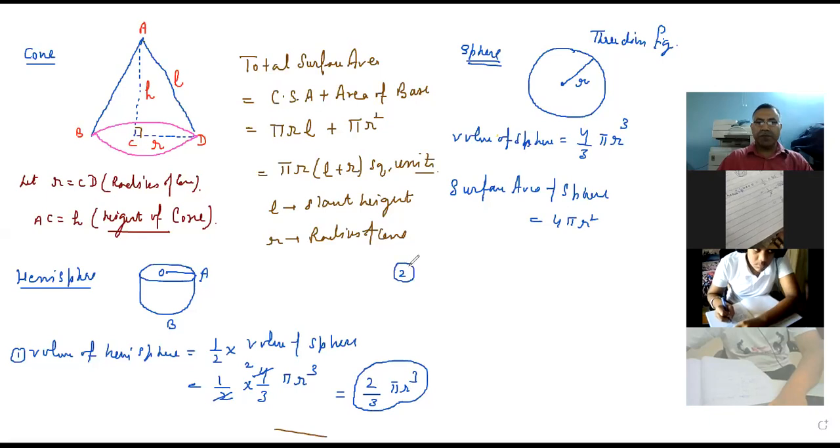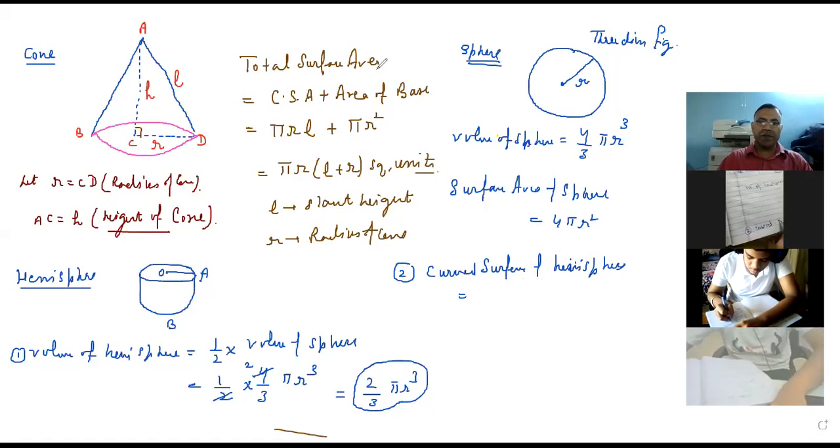Number two, curved surface of hemisphere. What do we mean by the curved surface? Curved surface of a hemisphere means there is no circular base, only the area of this portion where I have the red line.